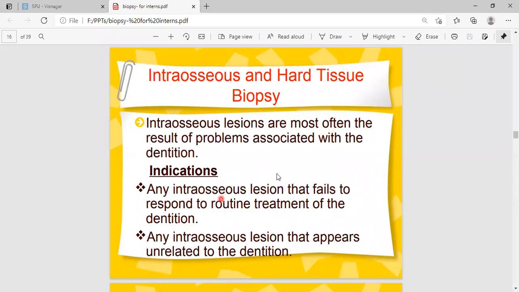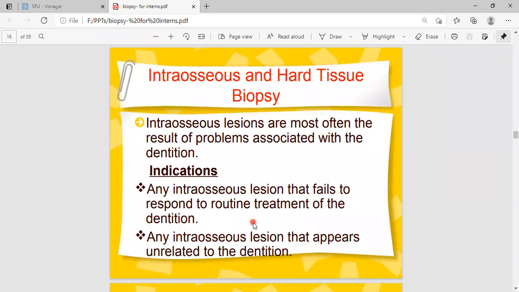So what you need to do whenever you are doing an intraosseous lesion biopsy? One thing you need to understand is that any intraosseous or radiolucent lesion on the radiograph should first be aspirated. Always think of the worst. An intraosseous lesion is not always a cyst or a tumor.